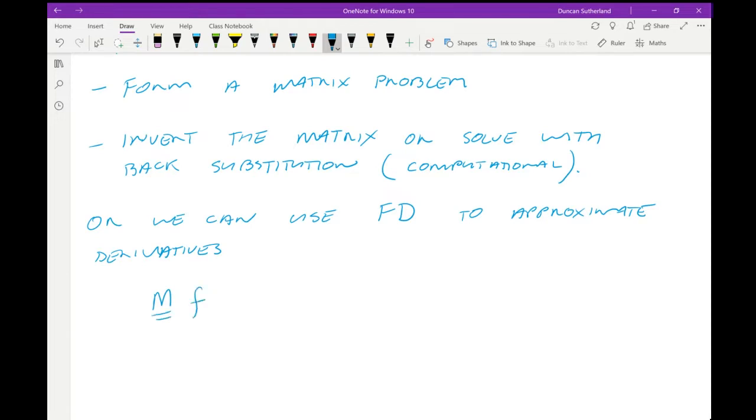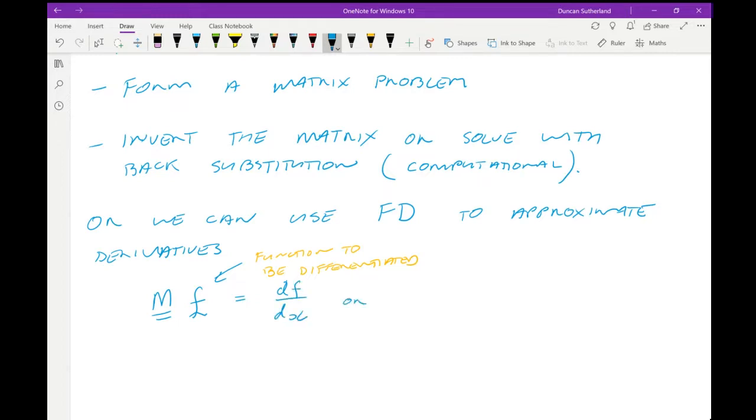You multiply your vector, your function that you want to differentiate. You multiply it by this matrix, and then you get df dx, for example.